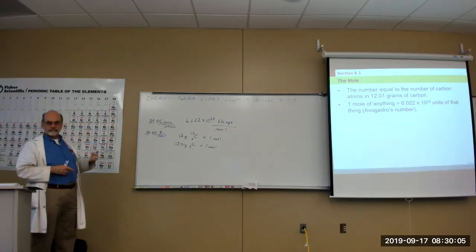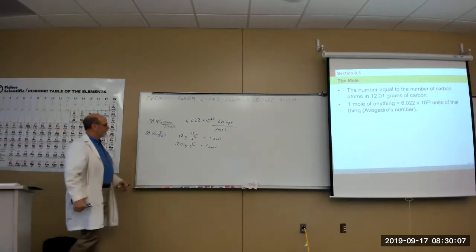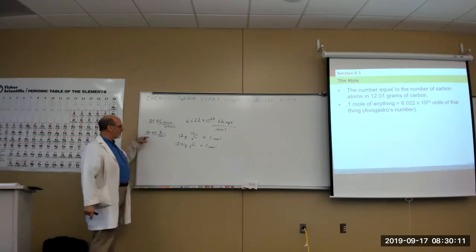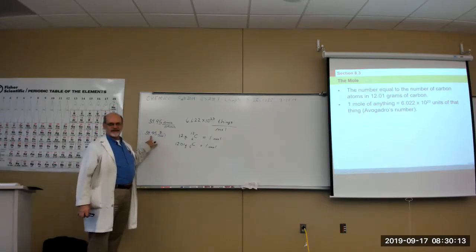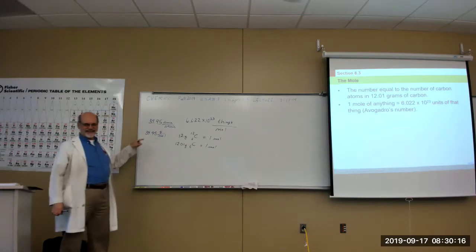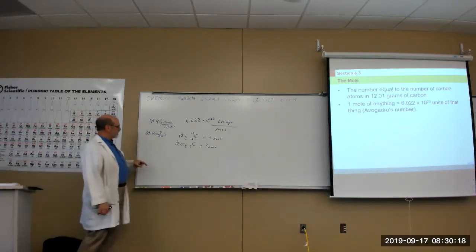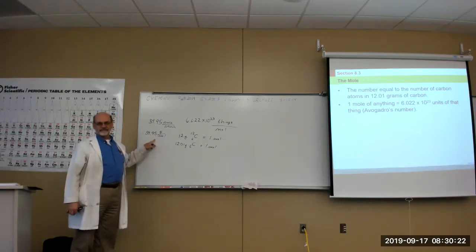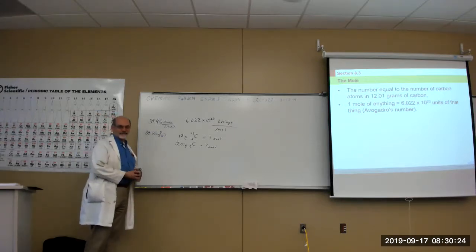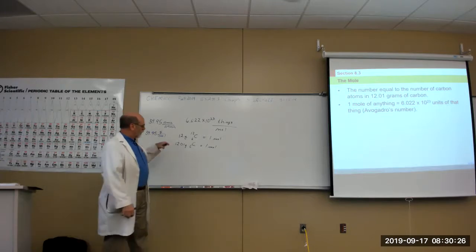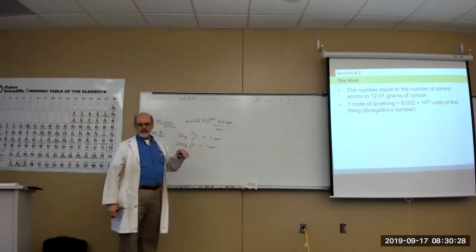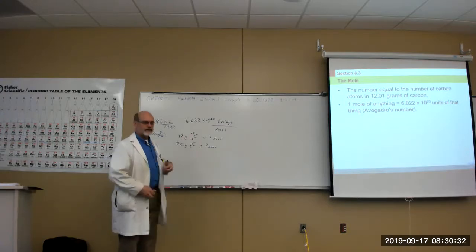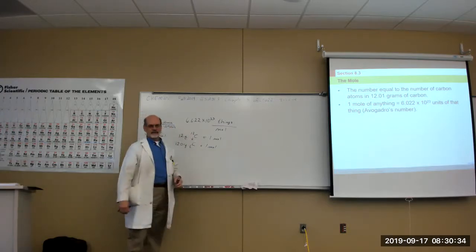How do you know if you get them all? It's kind of circular logic. You know you have a mole when you have that mass. And you know you have that mass if you have a mole. We let other chemists who do nothing else but this type of stuff all day long tell us that these are accurate numbers.